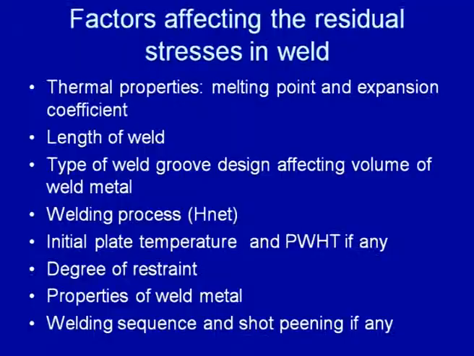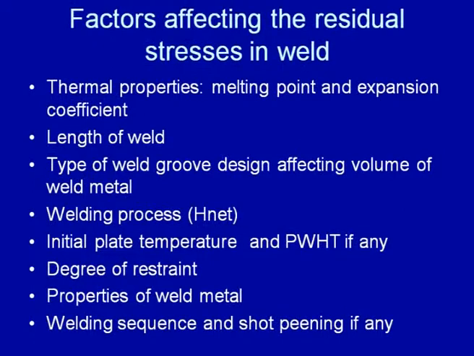So, for a given length of the weld and given metal system, if the temperature difference between the melting point and the initial plate temperature increases, this will increase the extent of the contraction, or the locked-in strain, which will be left in.